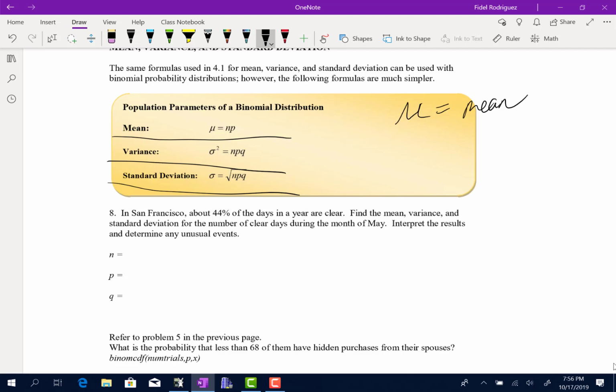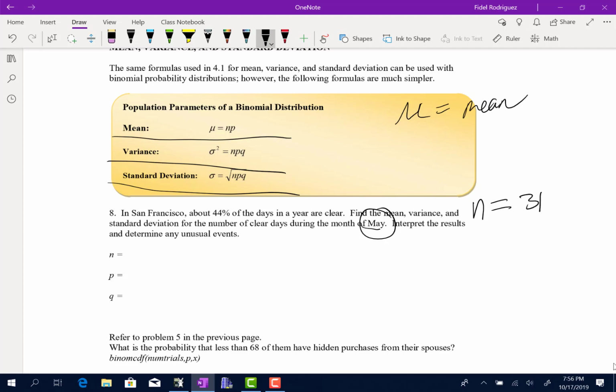Let's take a look here. It says, in San Francisco, about 44% of the days are clear. Find the mean, variance, and standard deviation for the number of clear days during the month of May, and interpret results and determine any unusual events. Okay, so let's take a look. Number one. Anybody know how many days there are in May? 31.